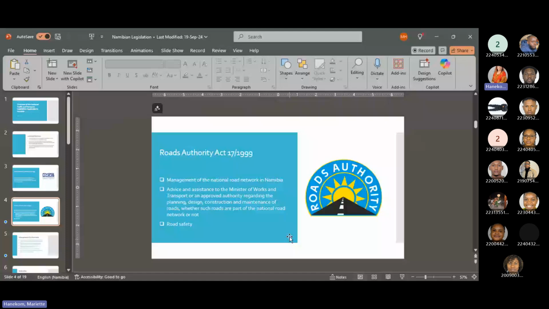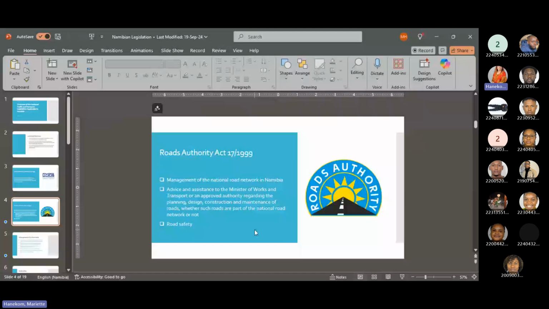The Roads Authority. Roads Authority has got three main functions, namely the management of the national road network in Namibia, to advise and assist the Minister of Works or any other approved authority regarding the planning, design, construction, and maintenance of roads, whether such roads are part of the national road network or not.